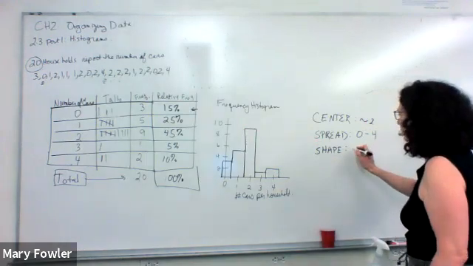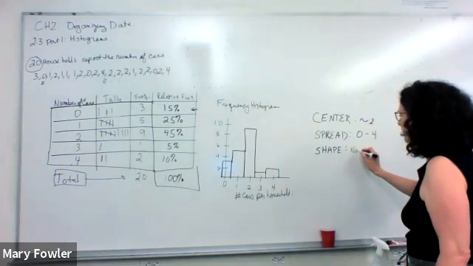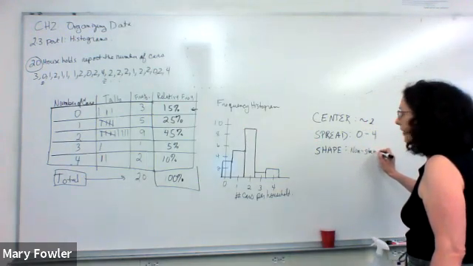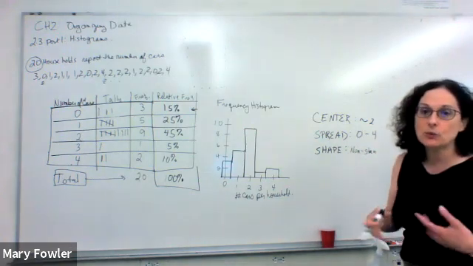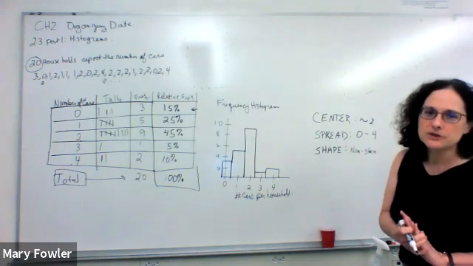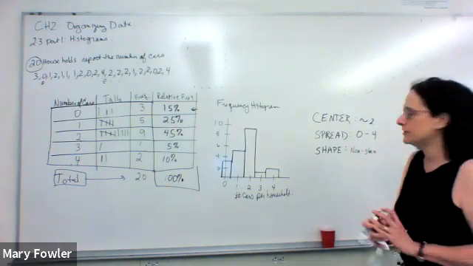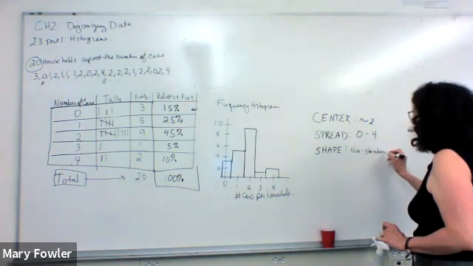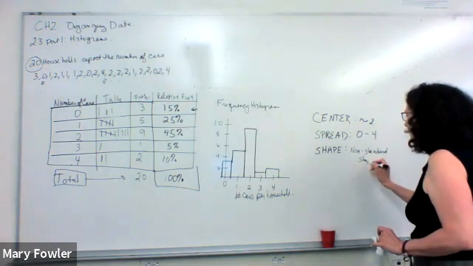So I'm just going to actually say this is like a non-standard shape. And at the end of chapter 2, we have section, I think it's 2.5, where we discuss shapes of distribution. So right now, I'm just going to throw this up here, non-standard shape.